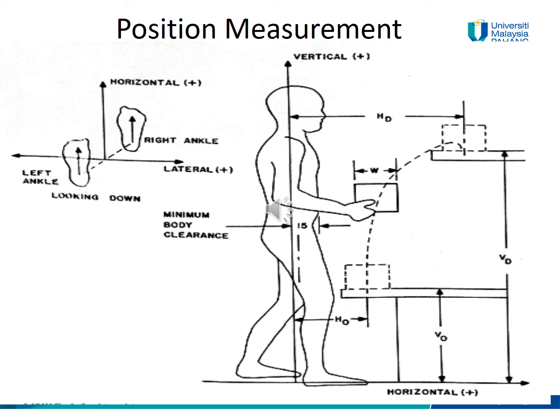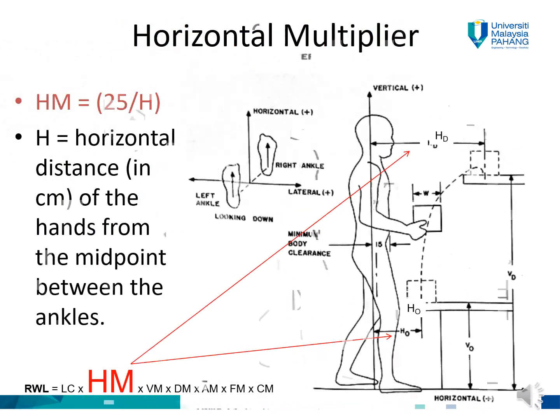W is the weight of the goods that need to be lifted, and the picture is also showing how to measure the middle of the ankle for both feet. All right, let's have a look one by one at the parameters.